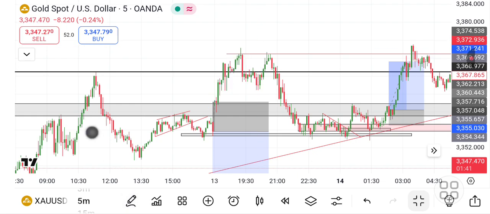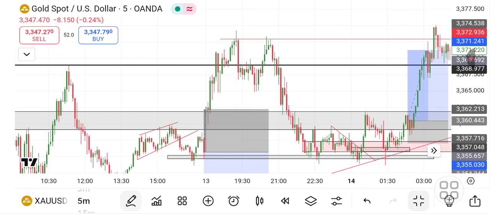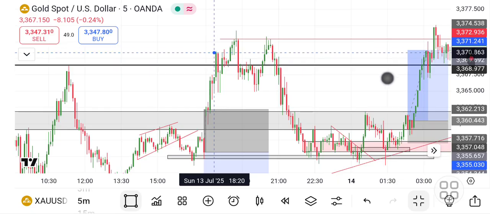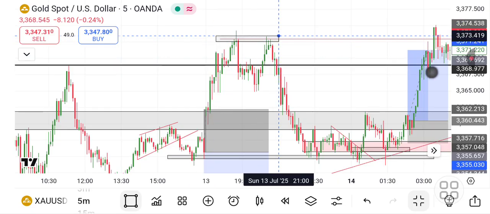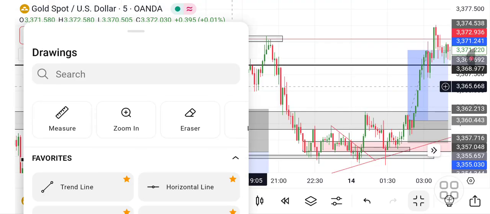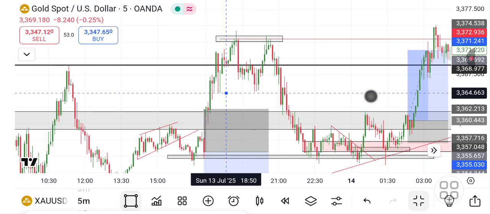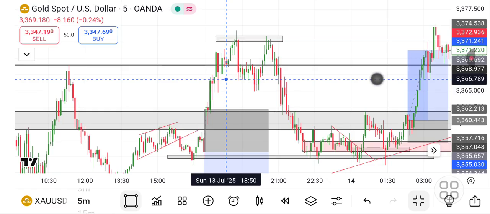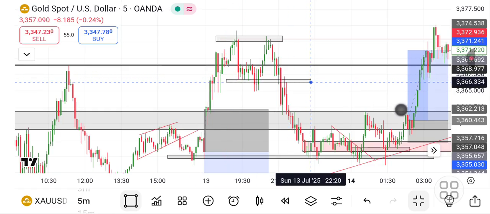We got a double top right here. I didn't pay attention to it. Then you could mark out the neckline.